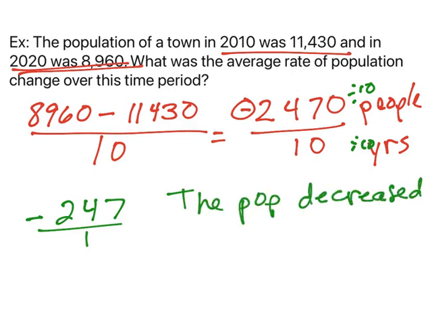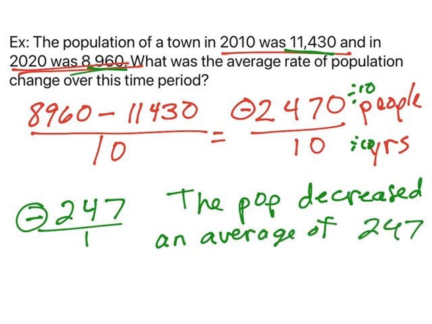And again, I know it decreased because it was 11,000, it changed to 8, or we have this minus sign which shows a decrease. So the population decreased an average of 247 people per year.